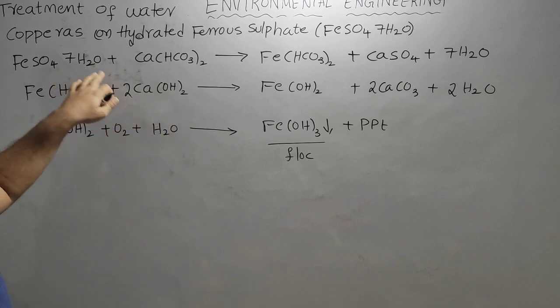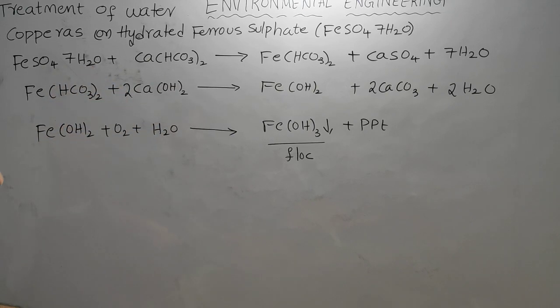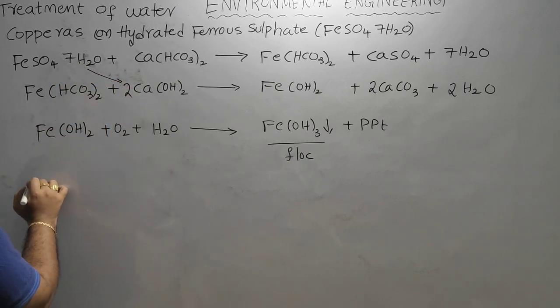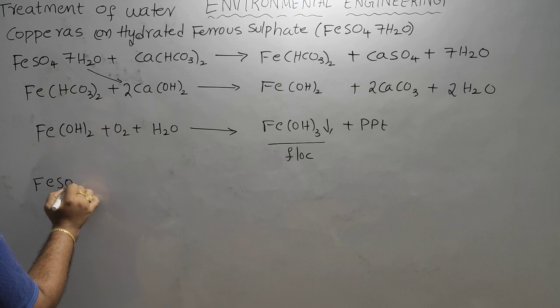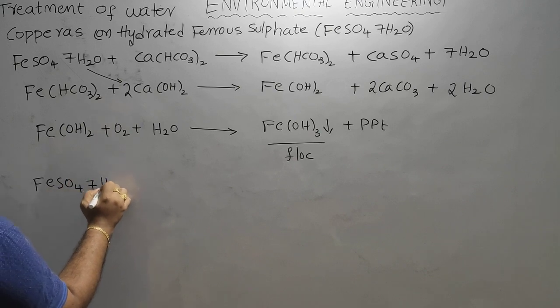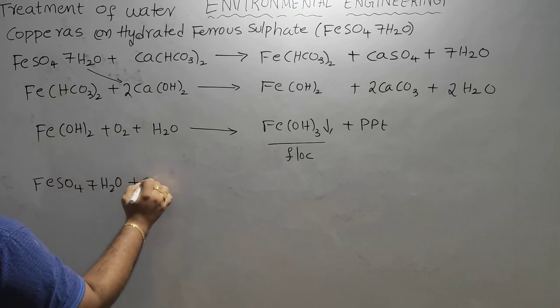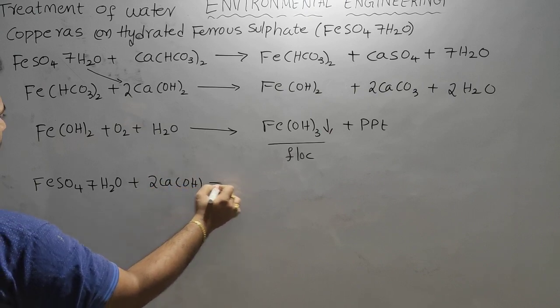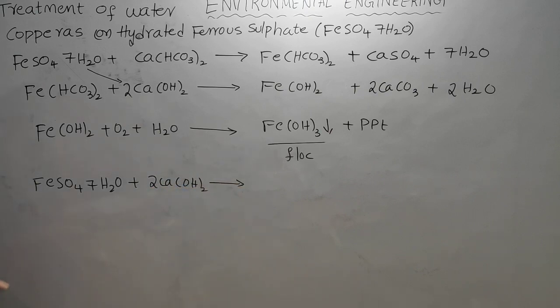If you add Ca(OH)2 directly, the reaction will start from here: FeSO4·7H2O plus Ca(OH)2.